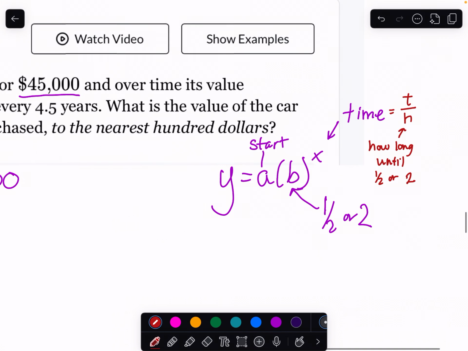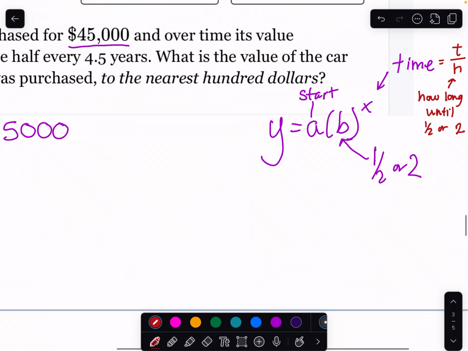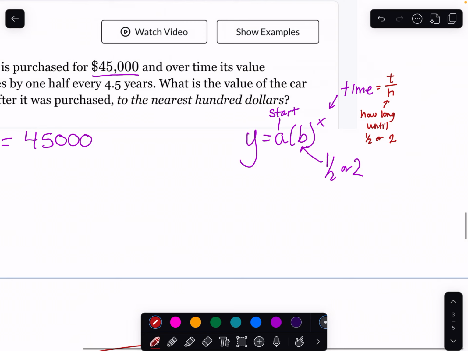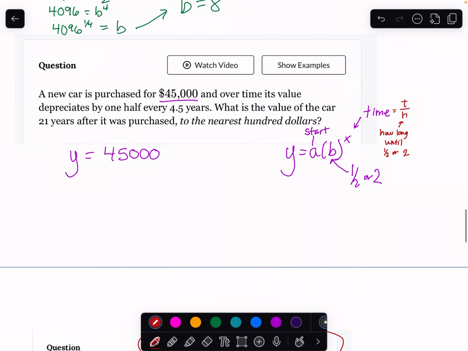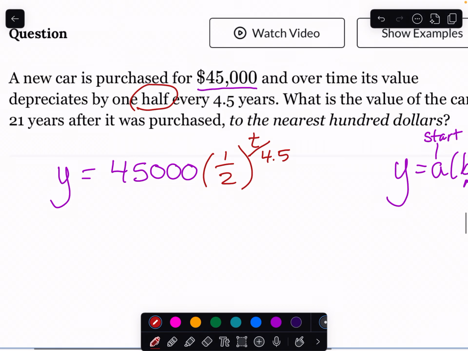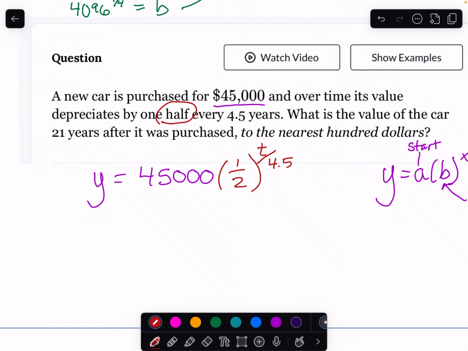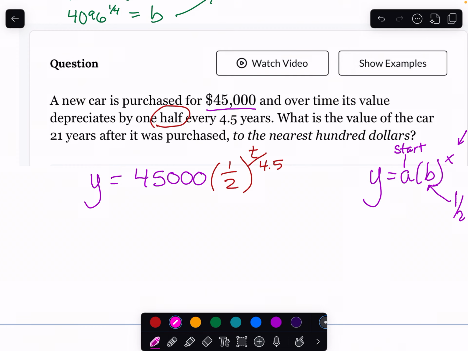Okay, so we're going to come back over here. Let me show you how to use that. So it's 4.5. It says over time it depreciates by 1/2. So we're going to have 1/2 to the t over 4.5. So this is how we would set up the original equation. But then it tells us specifically what our t is, right?